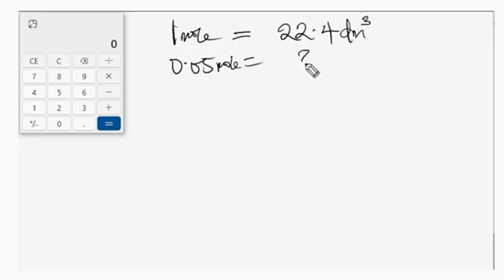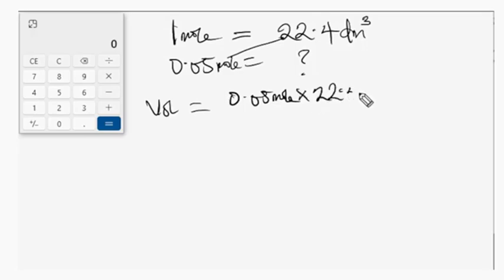will be what? So guys, we can simply go ahead and cross this out. So to get the volume, that will be 0.05 mole times 22.4 dm cube over 1 mole.